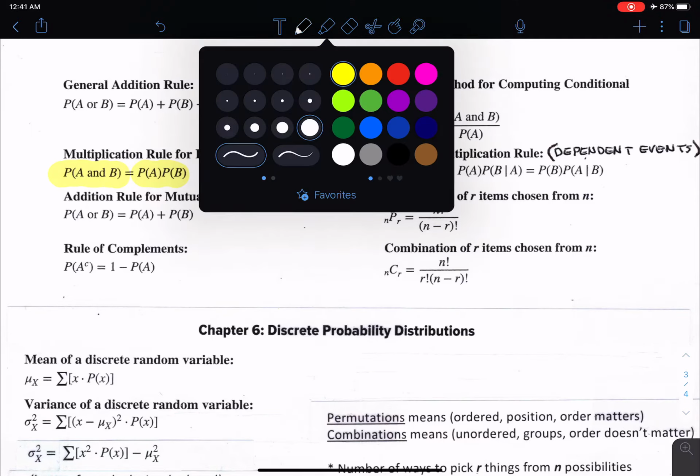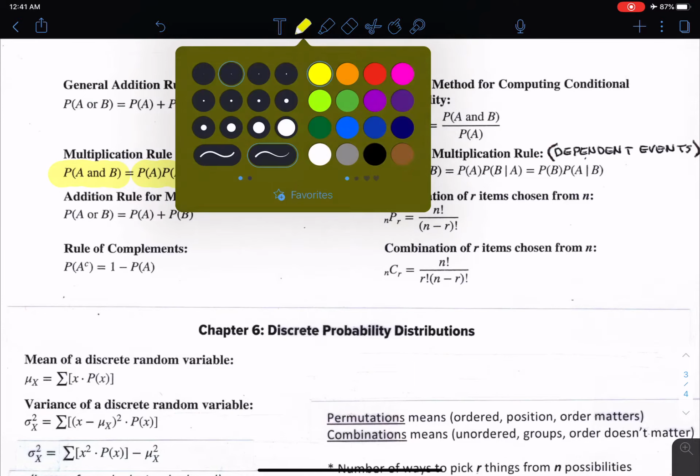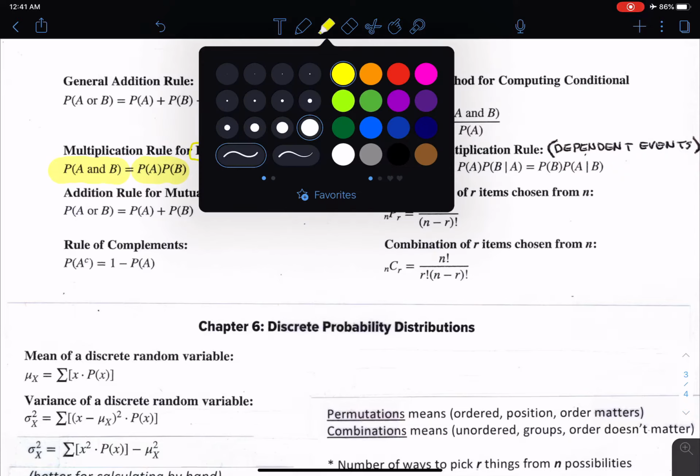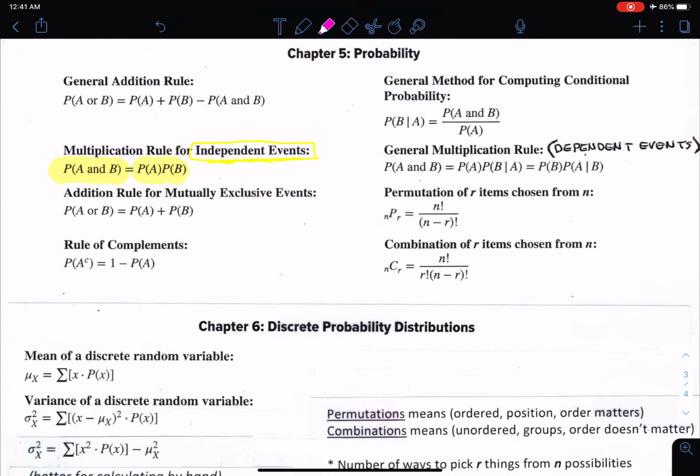And also let's highlight something here. This is specifically for when you have independent events. So that's the catch there, right? And then we also have another formula that appears to be doing the same thing.